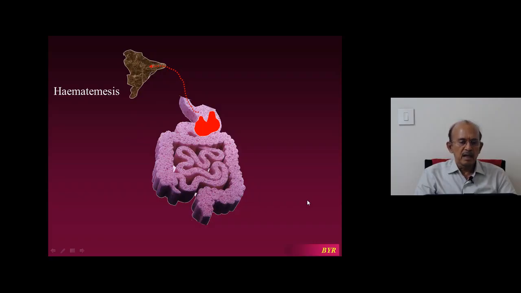When blood is red in color, why does the patient vomit a coffee colored vomitus? Why is it not red colored vomiting? What will happen due to acid? What will happen to the blood when mixed with acid?